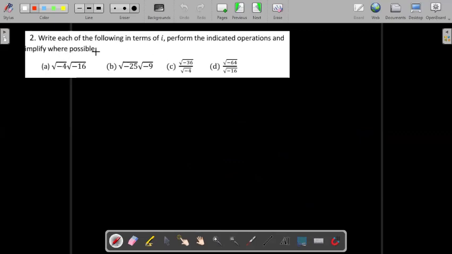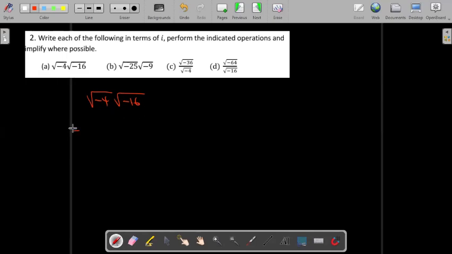Yeah, so they're saying write each of the following in terms of i, perform the indicated operation, and simplify where possible. So we have A, they're saying we write it in terms of i. So we say root of -4 times root of -16.